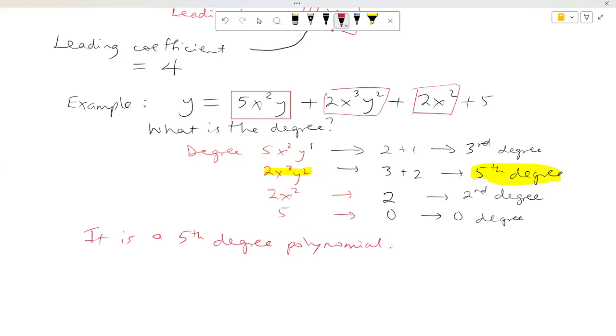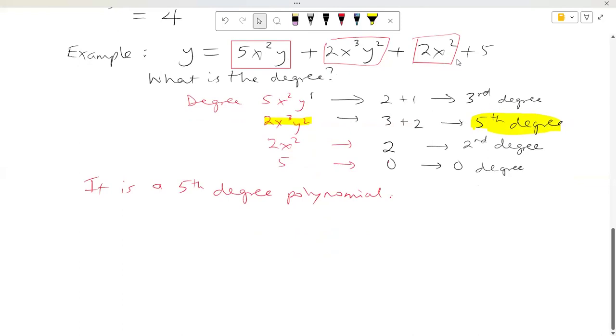Okay, right. So when they ask you what is the leading term here, the leading term in this case is going to be the term that determines the degree. So which term determines the degree? That's the one that I've just highlighted here. The degree came from this term. So the leading term is 2x cubed y squared. Okay, that will be your leading term.